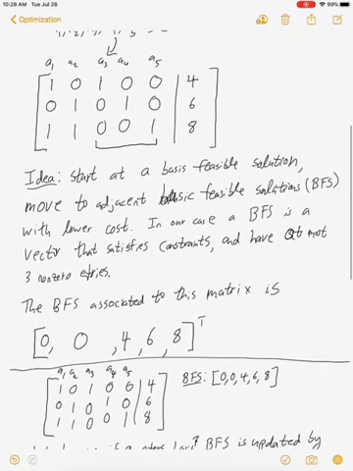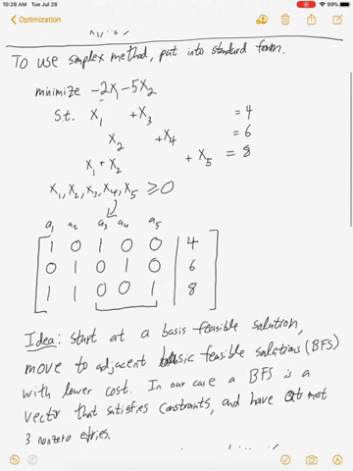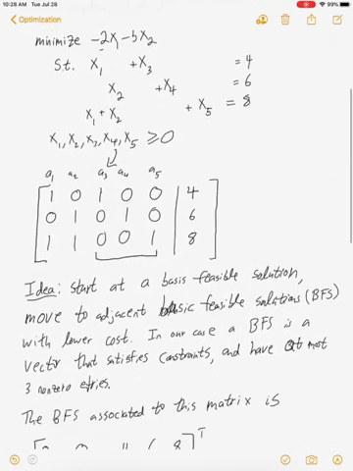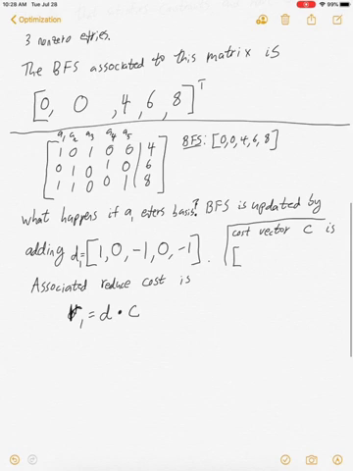is, well, if we scroll up here, we said that our cost was -2, -5, 0, 0, 0. Right.